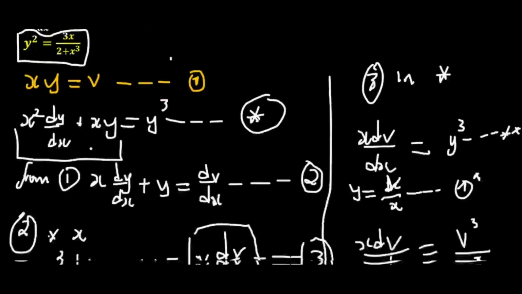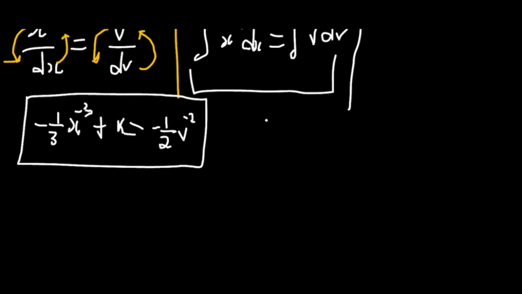Now the second part is that given that y equals x, which equals 1, and that v is xy. So these are the two conditions that we have. From here it implies that our v is 1.